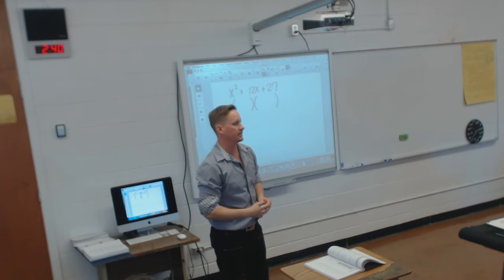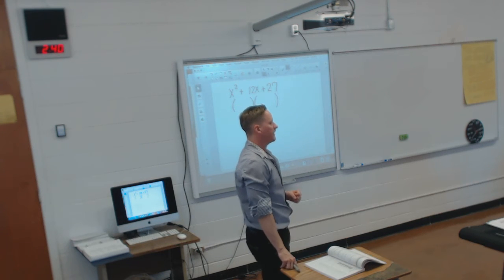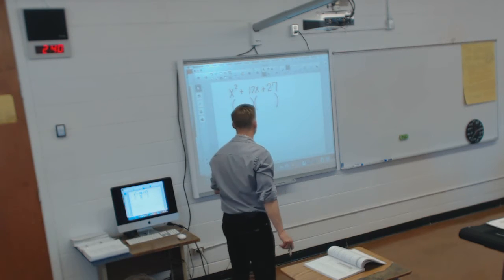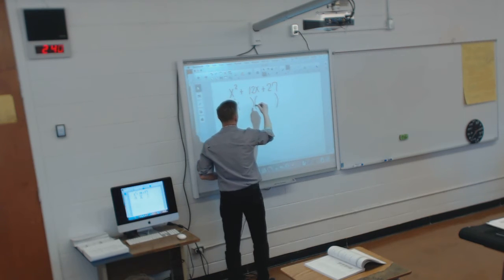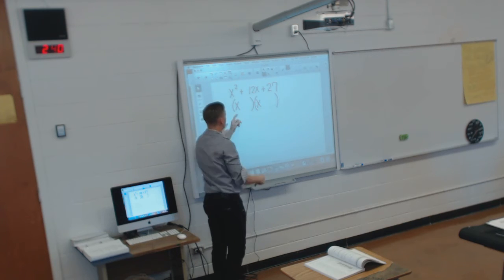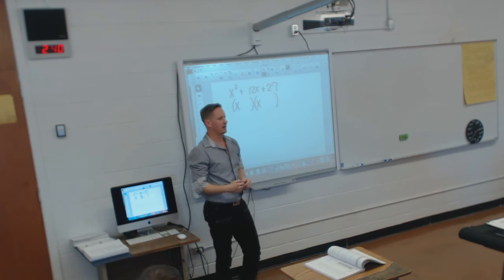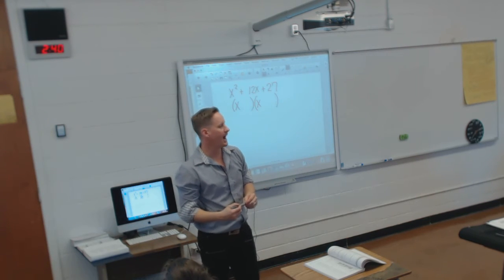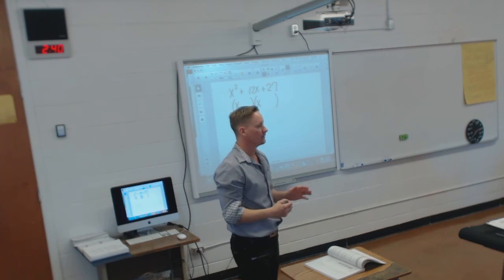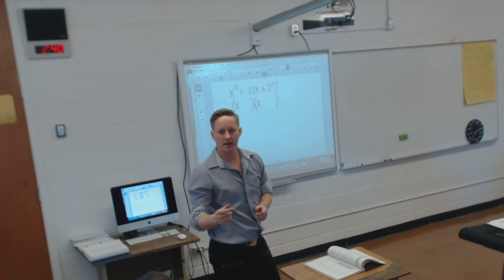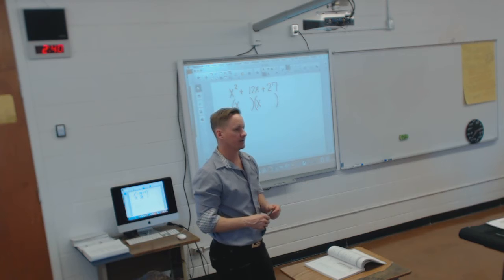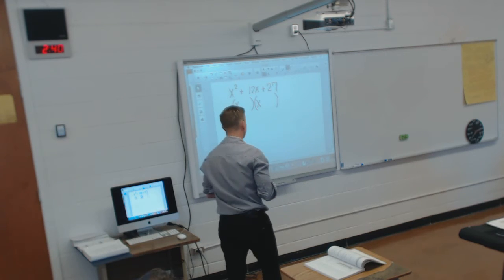Okay? So here's how it looks. I put 2 sets of brackets, like that. What are the factors of x squared? X and x. So I put that right here. Because how do I get this guy? It's my first, right? This times this. So x goes there, x goes there. Now, what are the factors of 27 that add to give me 12? 3 and 9.